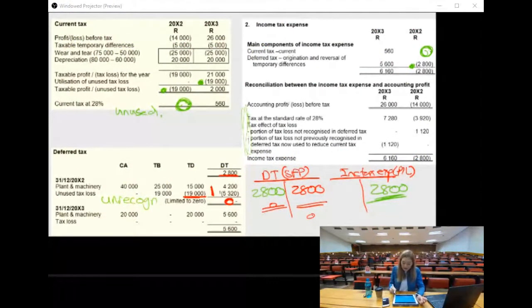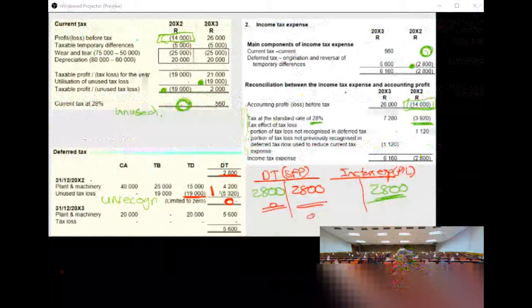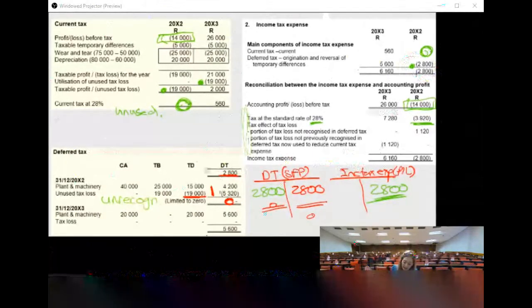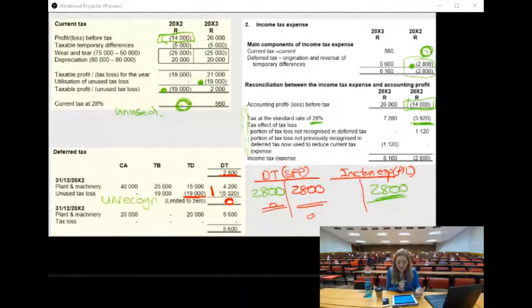So if we take our accounting profit, the 14,000 accounting profit, and we multiply that by 28%, we get to an amount of 3920 for my income tax expense. Which in class example 13 was exactly the amount that we had in our income tax expense, the total we had over there.